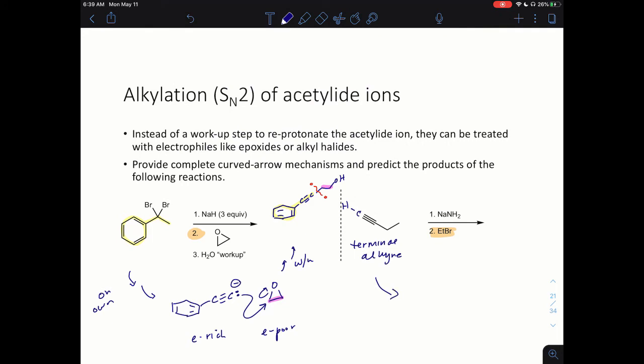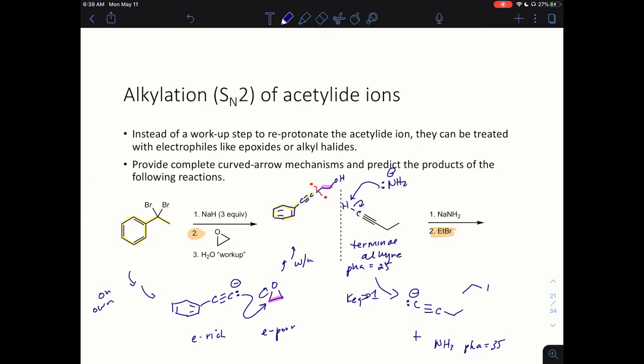Next example, so the terminal alkyne is deprotonated by sodium amide. This equilibrium constant is huge for this deprotonation because ammonia is generated, which has a pKa of about 35, and the terminal alkyne has a pKa of about 25, so 10 to the 10.